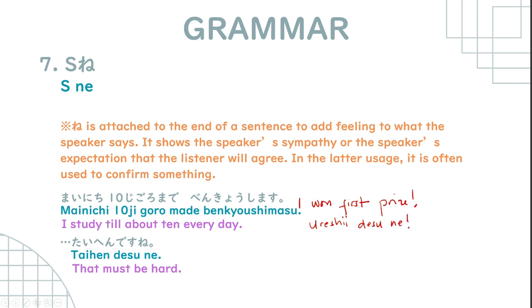Oh, that's so happy. Aren't you happy? Or いいですね. Oh, that's good. いい means good. So, oh, that's good, good for you. So that's how you use ne, to sympathize and to show that you feel what they feel, or understand how they feel.